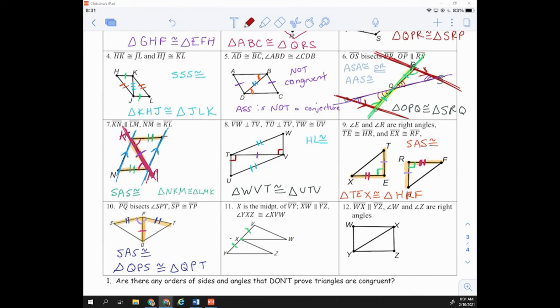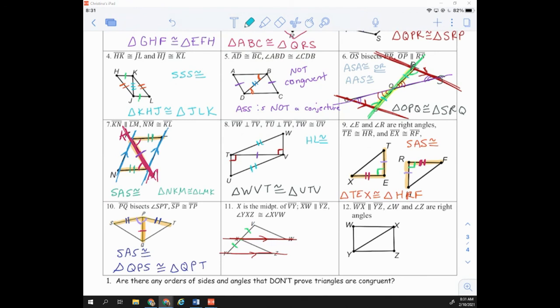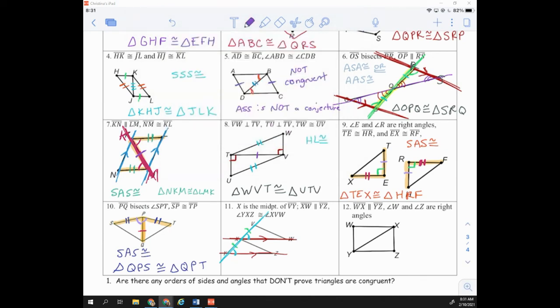XW and YZ are parallel to one another, so if they're parallel to one another, that means we get corresponding angles here. Corresponding angles are congruent.